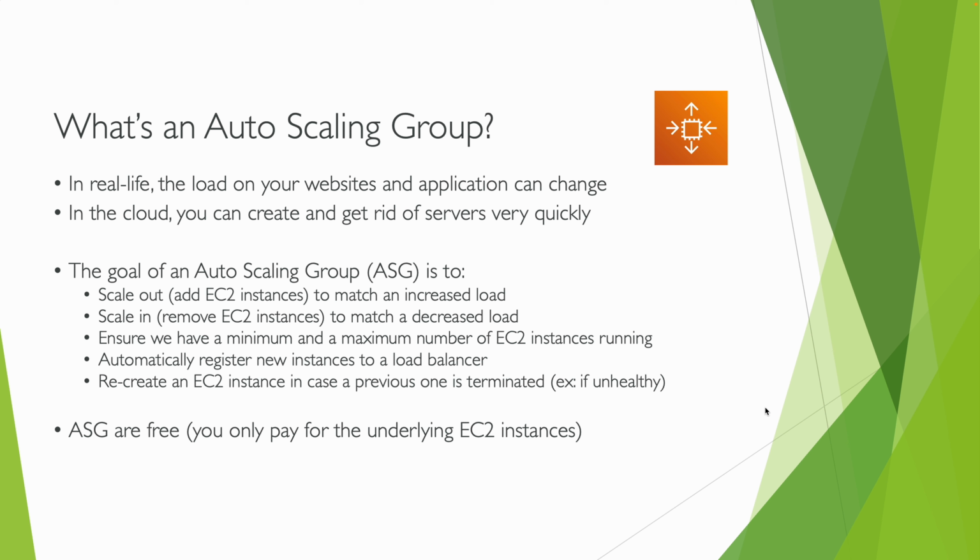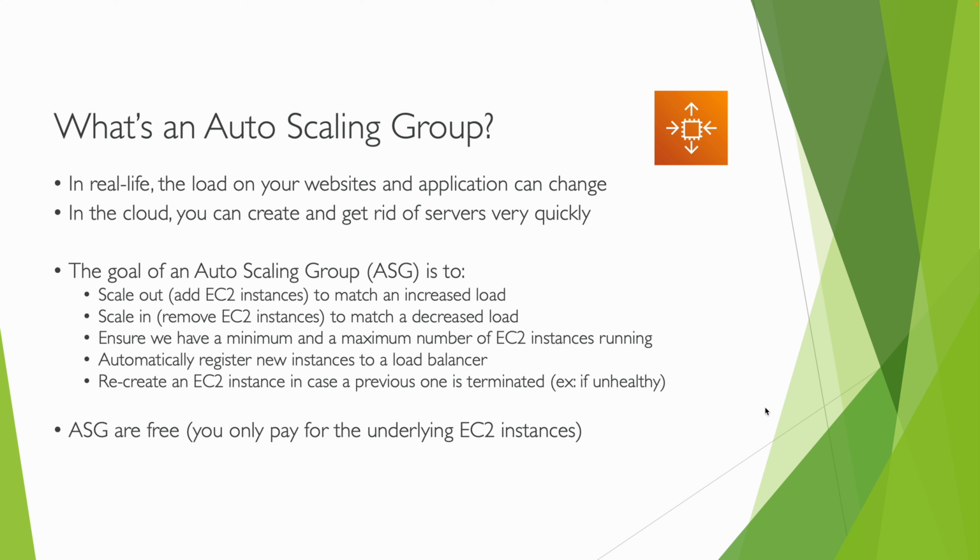Another thing is to recreate an EC2 instance in case the previous one is terminated. If by any chance there is an issue in the EC2 instance and your application in the EC2 instance is not running, it must terminate the previous instance and create the same instance again, and add it to the load balancer, and that EC2 instance must also be ready to take the load and process it.